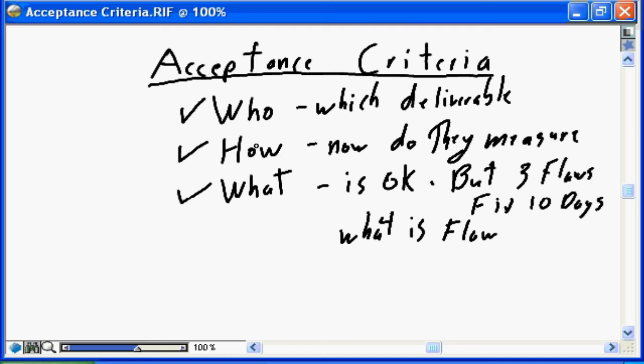So with the acceptance criteria in place, with the deliverables clearly defined, with the scope box clearly defined, we are in the position to produce our scope document.